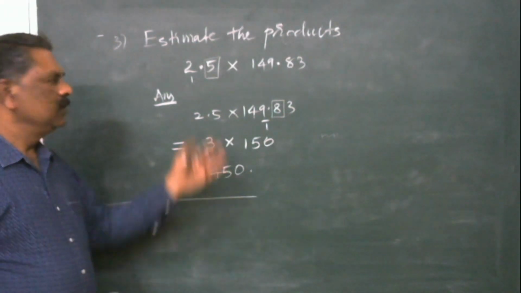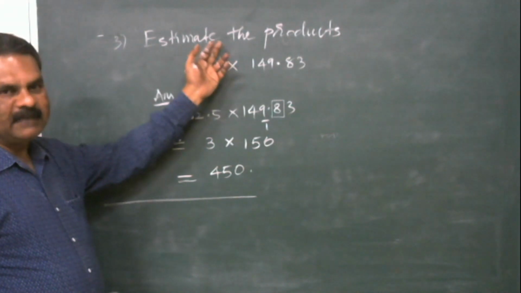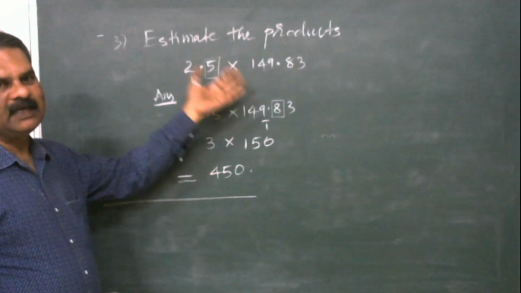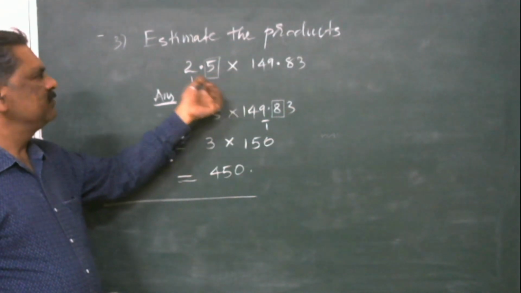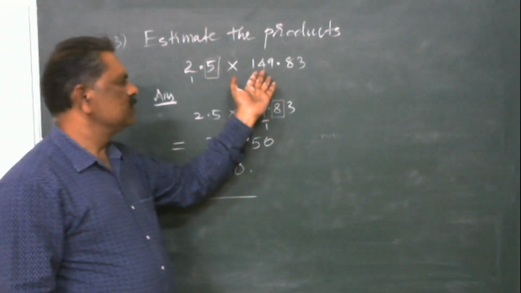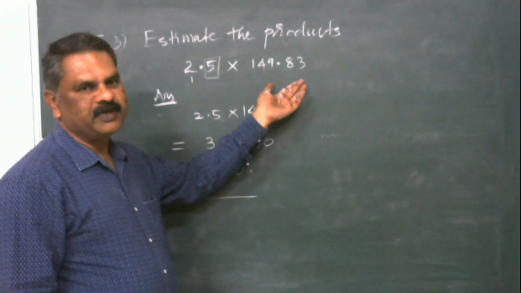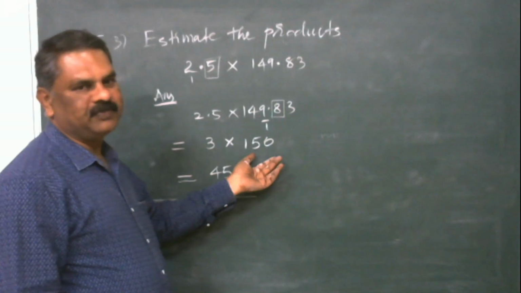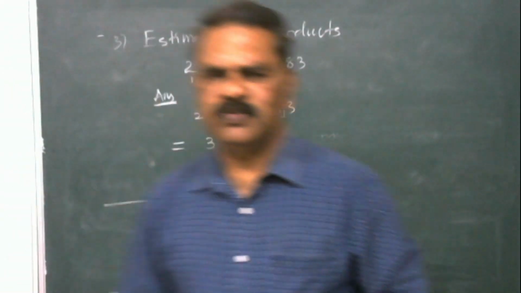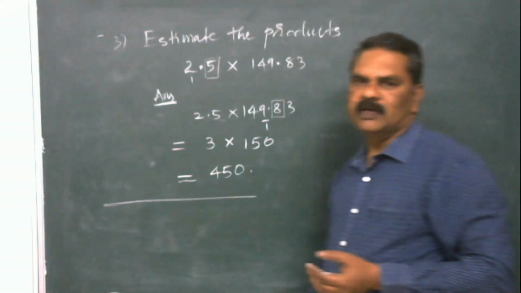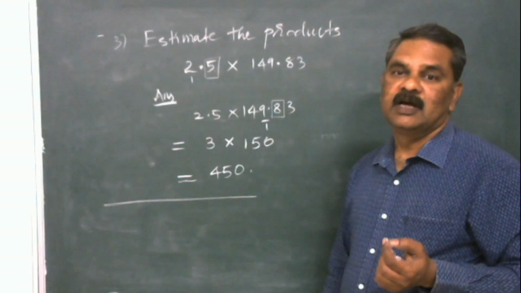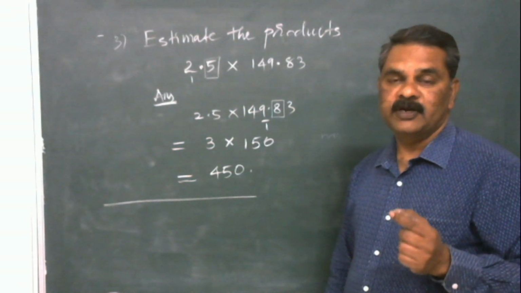Here they did not mention up to which place we need to estimate. It is very clear from the problem itself. 2.5 we estimate to the nearest integer, and 149.83 also to the nearest integer, which is 150, then just multiply. You need to follow the same thing if you want to estimate a product. If the numbers are very large, then using the general rule you have to estimate.